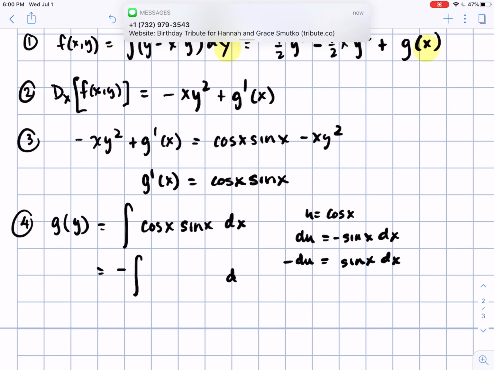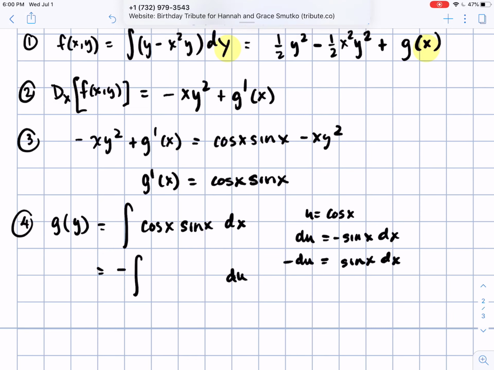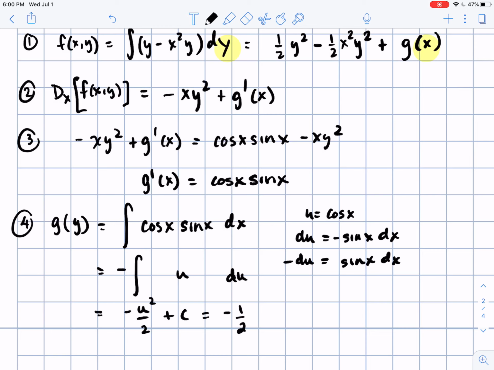You could see sine x dx was just du with the negative outside, and cosine was u. Very easy. Antiderivative is negative u squared over 2 plus c, so we'll get negative 1/2 cosine squared x plus c as our g of y. I'm sorry, g of x.